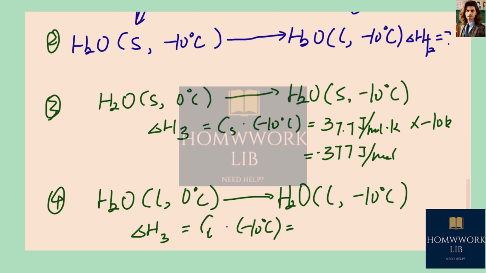The heat capacity here is 75.2 joule per mole per K, times minus 10 K. And this equals 752 joule per mole, with a minus sign.